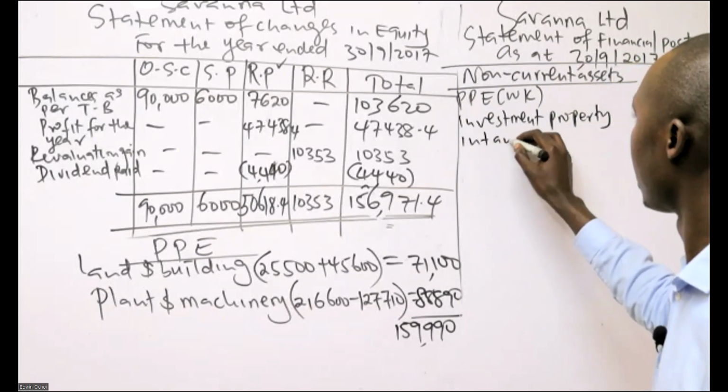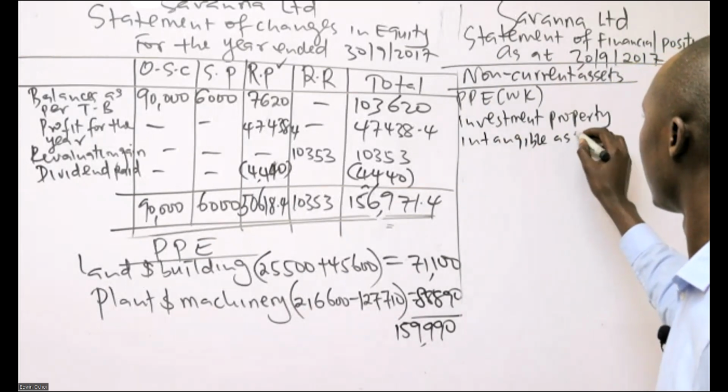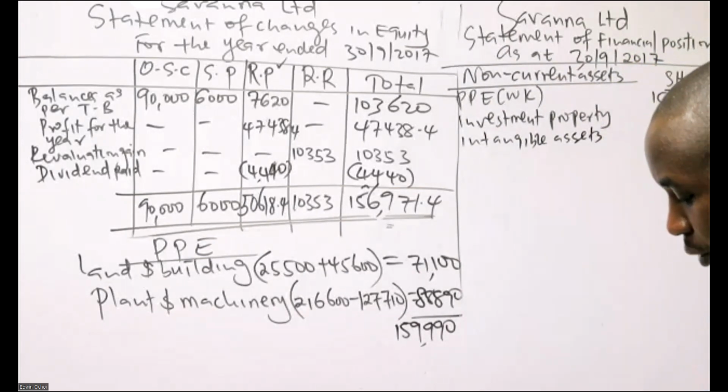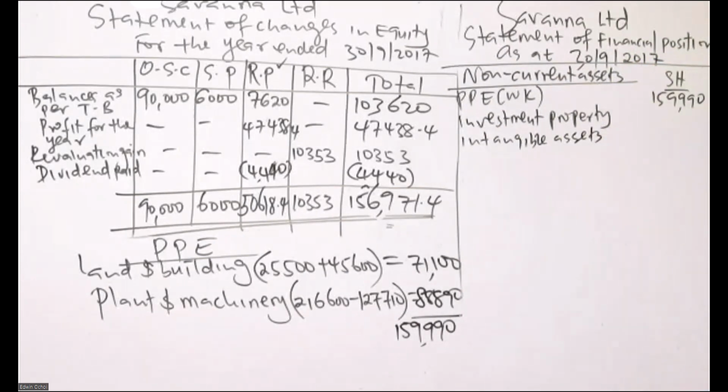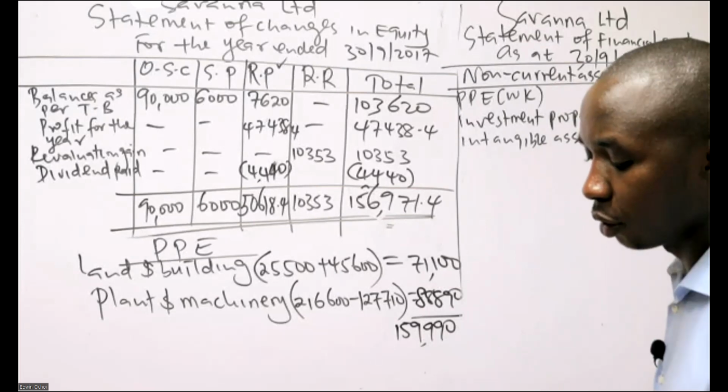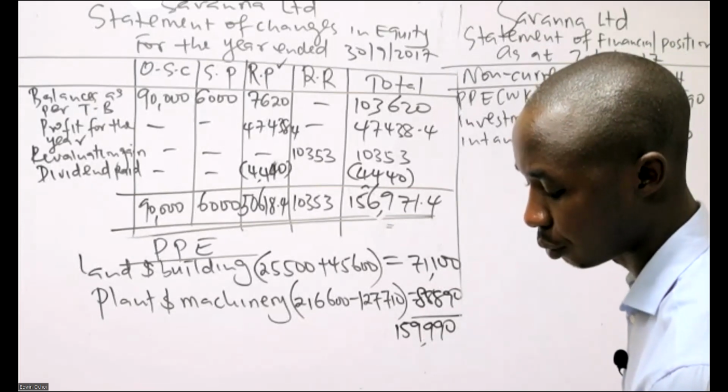The additional information: remember that it was restated to 20,790, because the fair value of the investment property by the end of the year was 20,790.